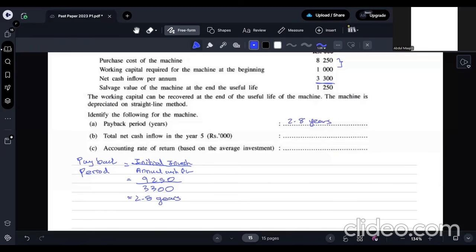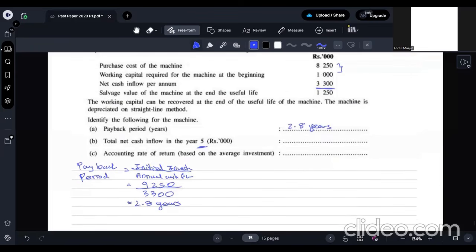Total net cash flow in year 5 at the end of the useful life. So operating net cash inflow is 3,300,000. Then the working capital can be recovered at the end of the useful life. At year 5, you will be getting back the working capital. Working capital recovery 1,000,000.